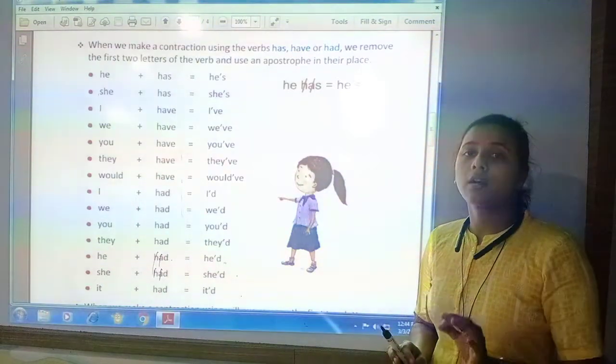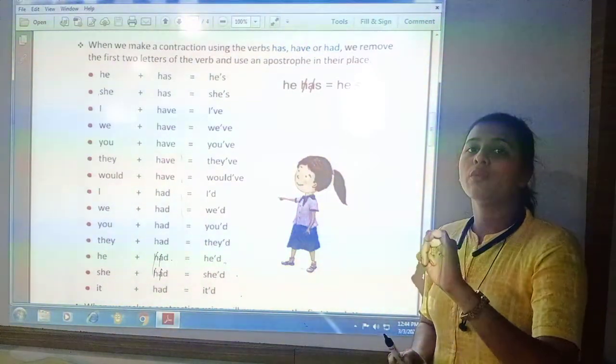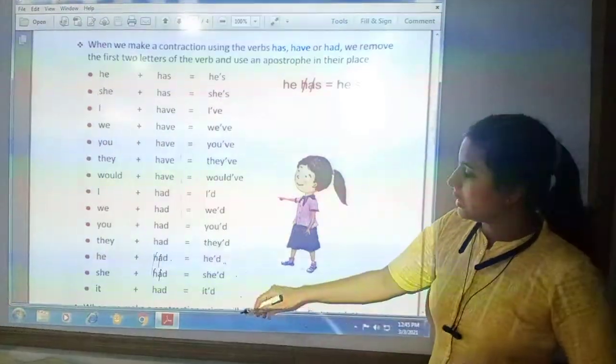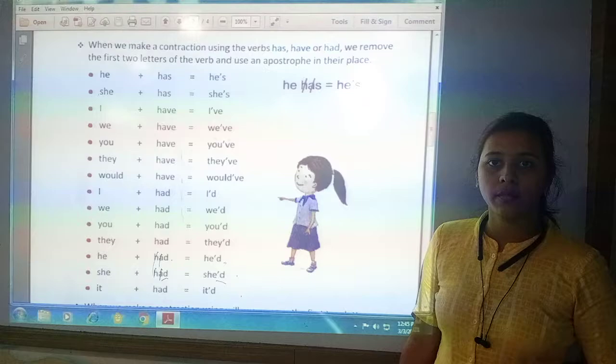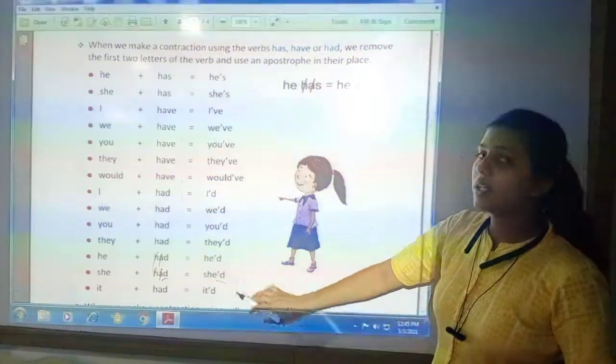And where you are removing the letters, there you will put an apostrophe. The rest of the letters of the second word will be there.